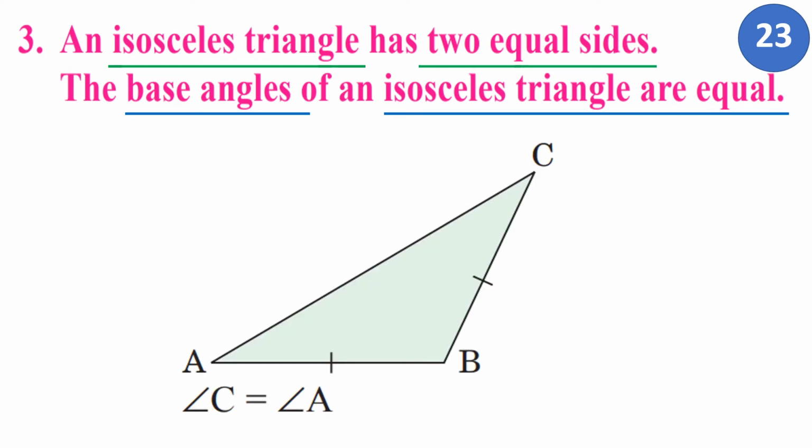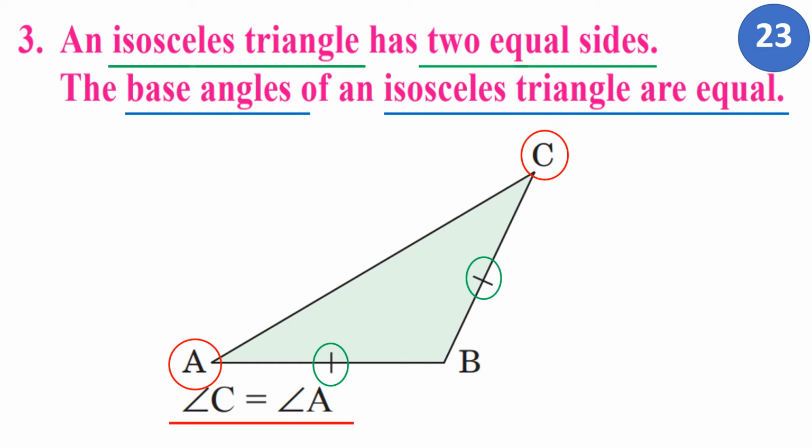If there is angle A here and angle C here, they are equal. You can see the small lines here, which show equal angles: angle C and angle A.